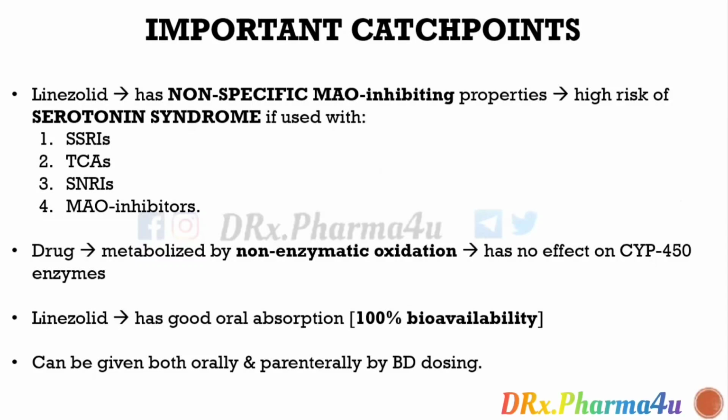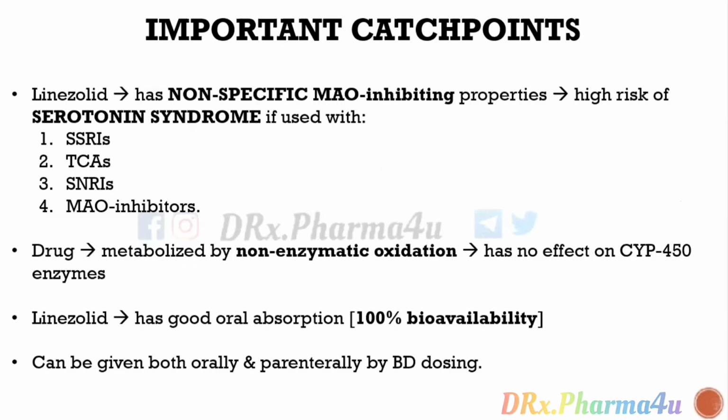Linezolid also has non-specific MAO inhibiting properties. So it also has a high risk of serotonin syndrome. This is something that you are very familiar with, I hope, especially if you have studied toxicology and antidepressants.